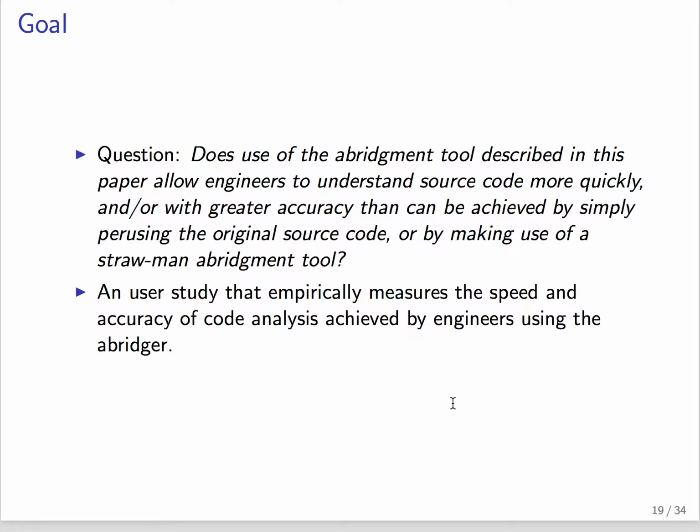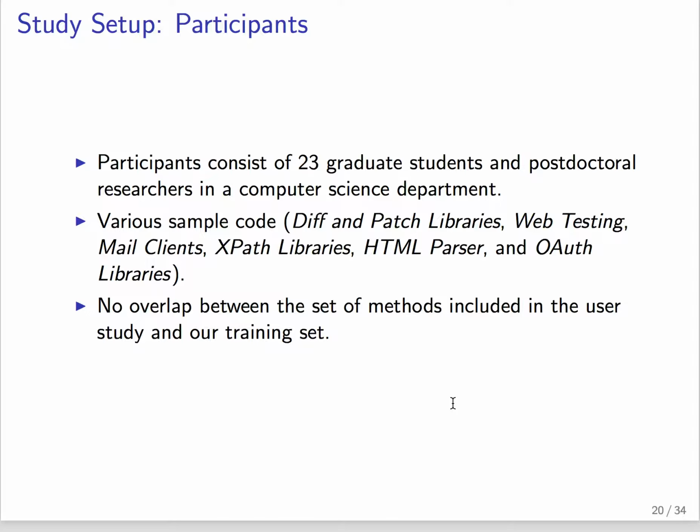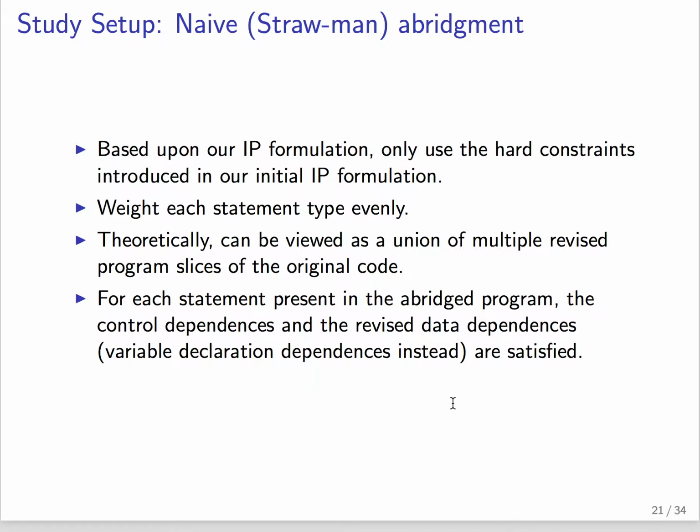So the study was designed to answer this question. We invited 23 graduate students and postdocs in our department to help us conduct this user study. The sample code was from a very diverse purpose repository, and there's definitely no overlap between the training set and the programs included in the user study.